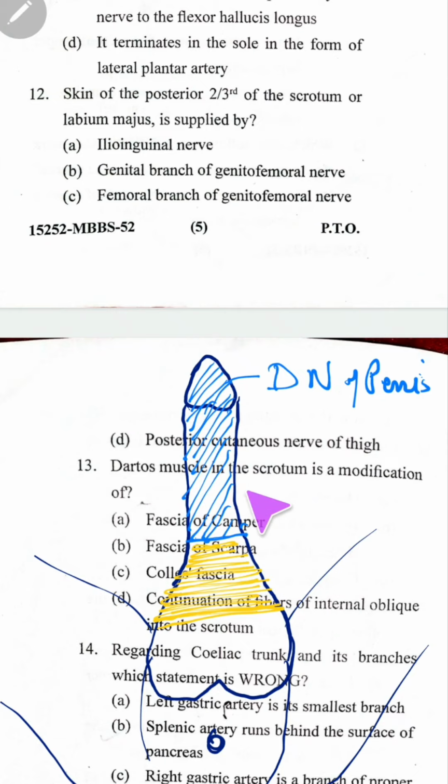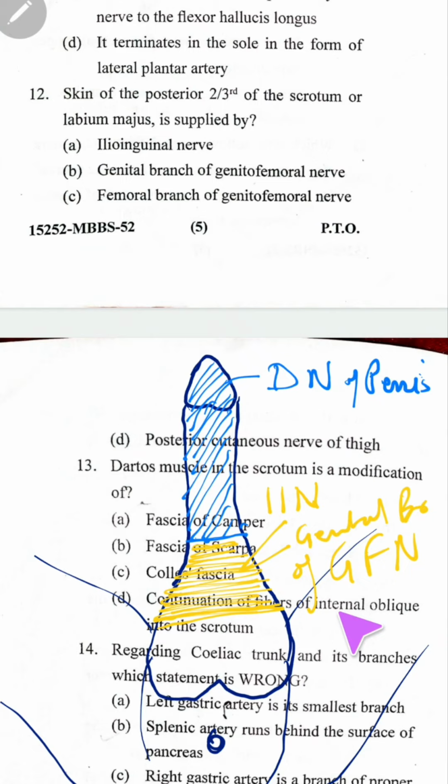And remember, if it is a female, it will be the clitoris, by dorsal nerve of clitoris. Similarly, the upper one-third of the genitalia, that will be labium majus, will be by the same nerve. Here it will be by two nerves. Remember, ilioinguinal nerve and genital branch of genitofemoral nerve.